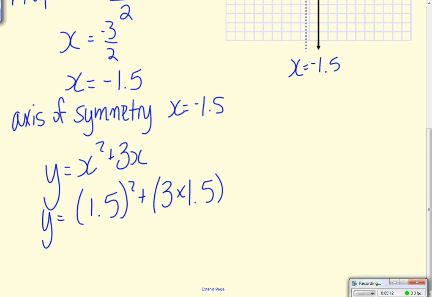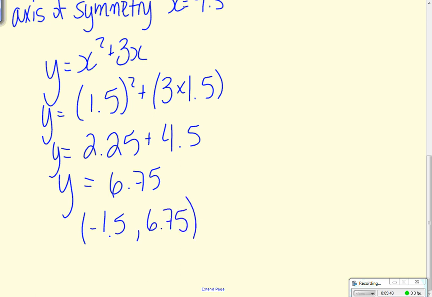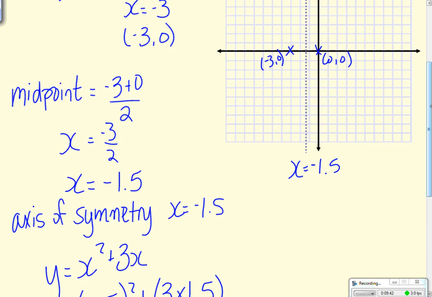When we multiply these out, 1.5 squared is 2.25, and 3 times 1.5 is 4.5. And when we add those together, we get y equals 6.75. So our turning point is negative 1.5, 6.75.